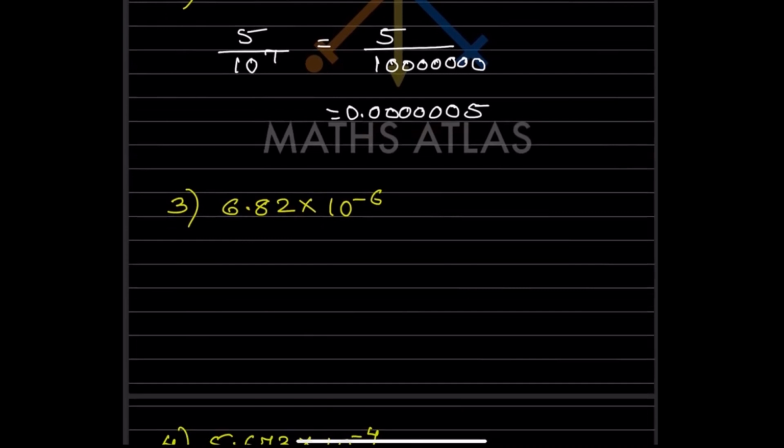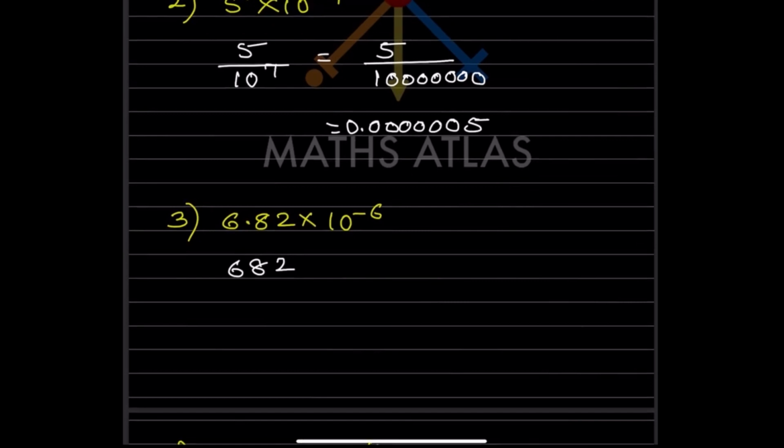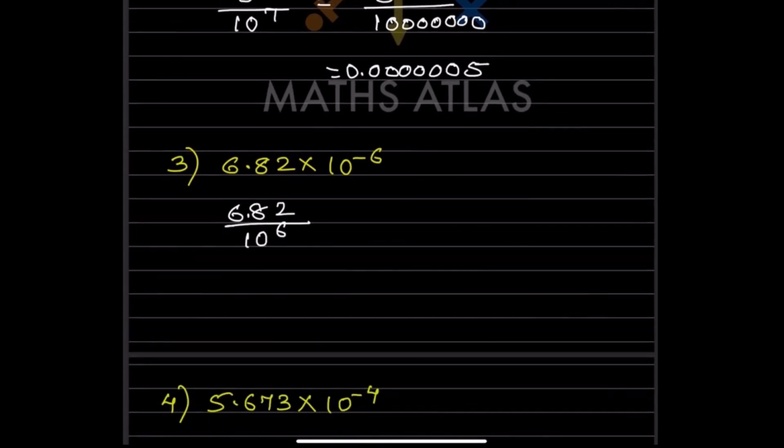Now here, we will write this as 682. Or we can also write 6.82 divided by this one first, and then this can be written as 682 divided by 100 into, you can put here either 10 raised to 6 or that many zeros. So 1, 2, 3, 4, 5, 6.